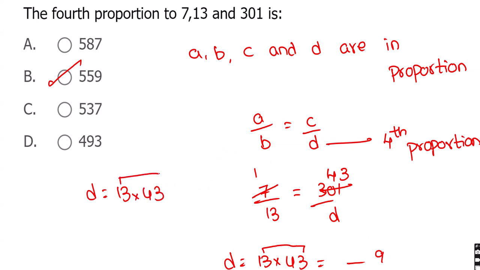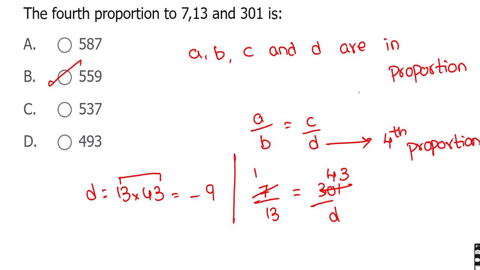Can we do it directly? 13 into 40 is 520, 520 plus 39, we got 559, fine. But in the exam, calculator is not allowed. So when calculations are involved, don't waste your time. Directly focus on the units place. Here the units place is equal to 9, so we can opt for it.